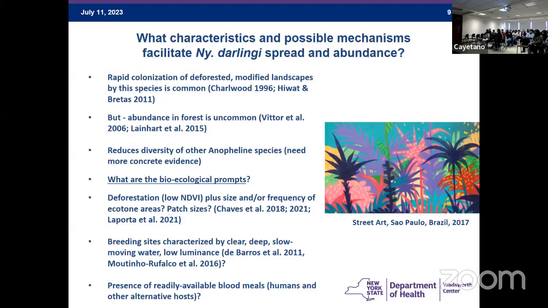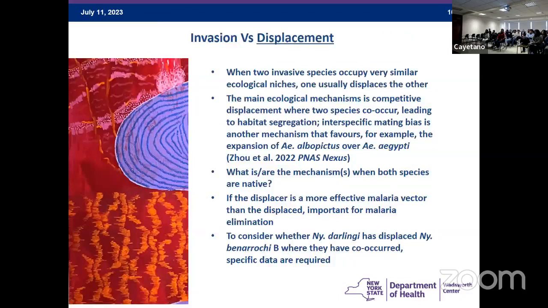But what happens? These are both invasive species. What happens if you have two species that are native, like Benaroki and Darlingi? What happens in that case? We don't actually have a mechanism for that because nobody's bothered to study it.